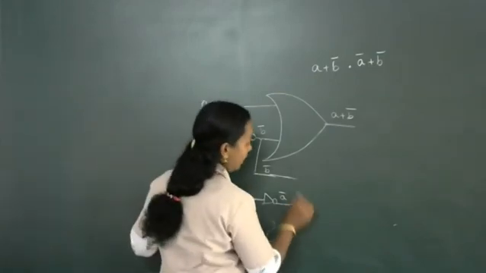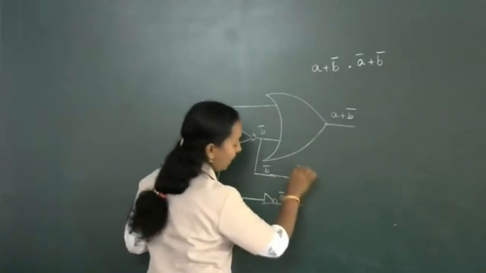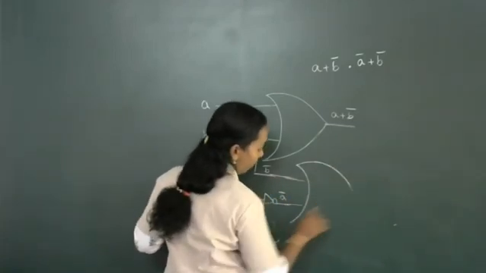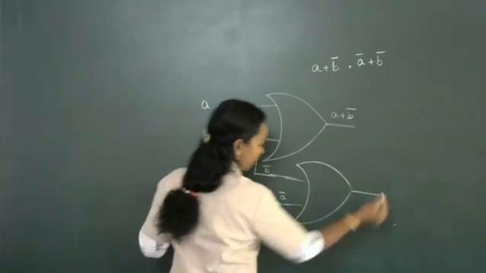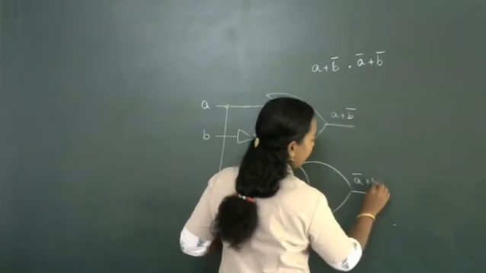Then again one more OR gate, and after that we will get A complement plus B complement.